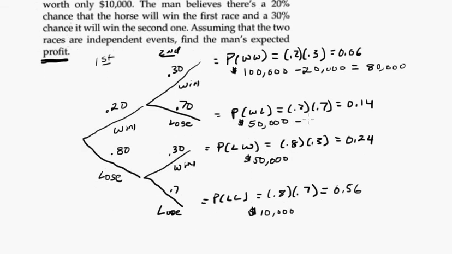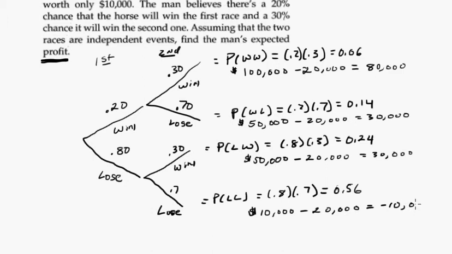And here the profit is $30,000. And same here, $30,000, but different probabilities. And in here, this is not too good. This is negative $10,000, so a negative profit.